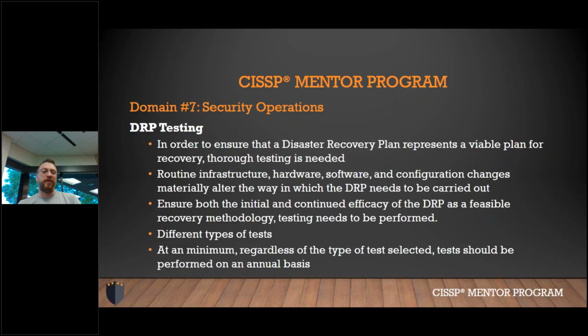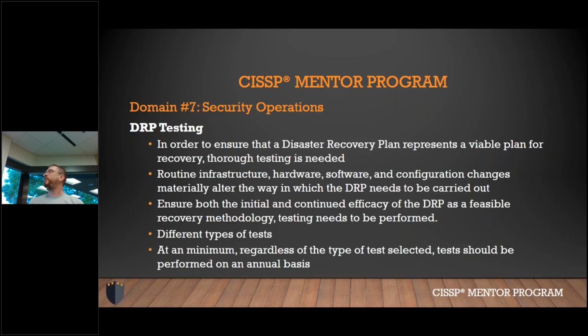Ensure both the initial and continued efficacy of the DRP by doing the different types of tests. So we're going to do a tabletop. With the tabletop, we're just walking through it, right? Or we're going to recover to a DR environment that's segmented off, or we're going to actually do a full cutover to our DR. We'll talk through those, I think.